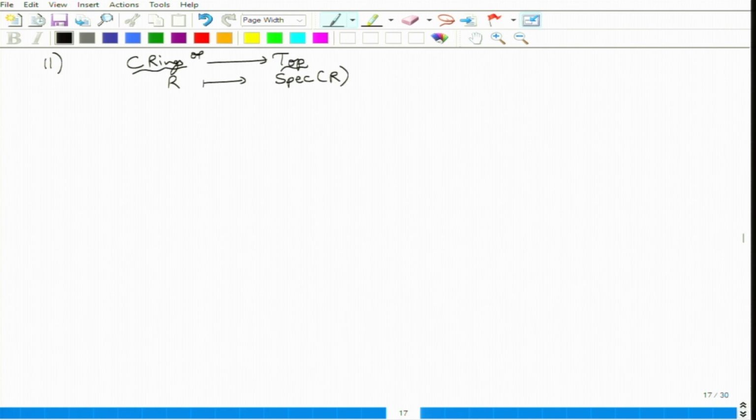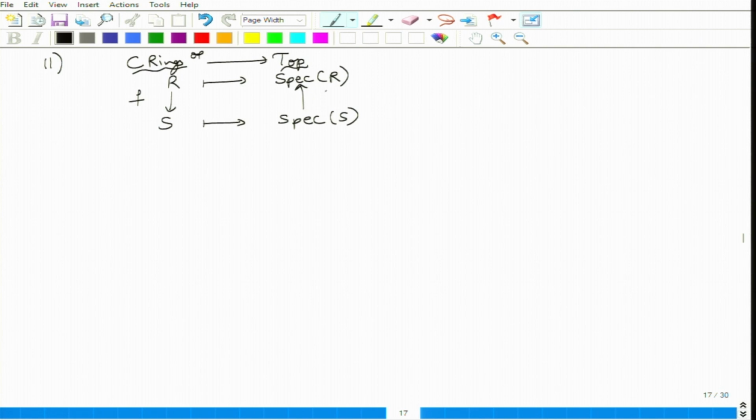Those who do not know about it, the Zariski spectrum is the collection of its points. Points of this topological space are prime ideals of R, and if you are given a morphism, a ring homomorphism from R to S, then in fact you get a map in the opposite direction.